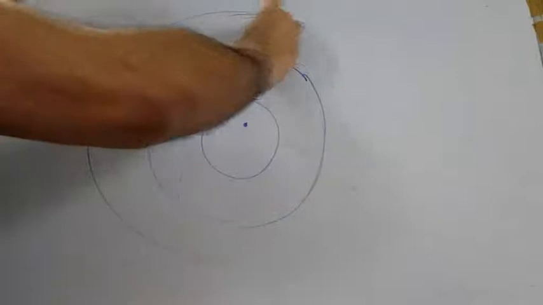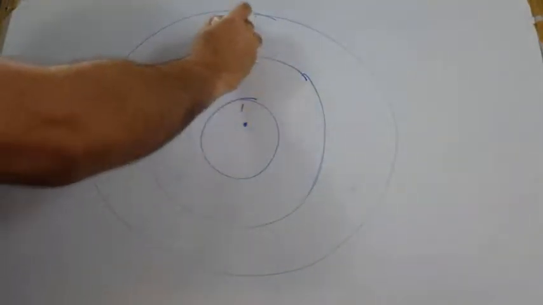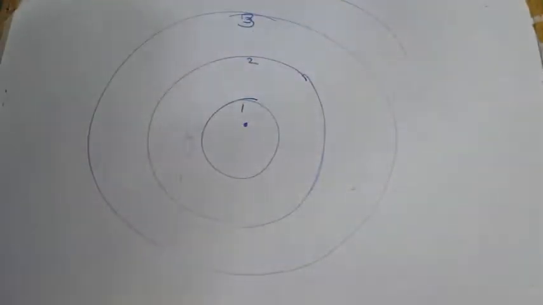These are the allowed orbits, n=1, n=2, n=3, n=4, 5 and so on.